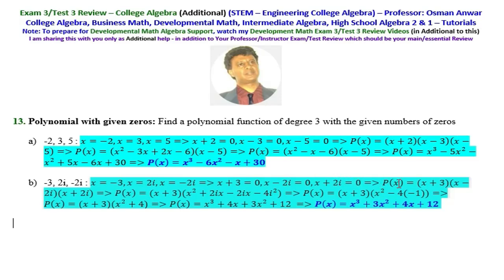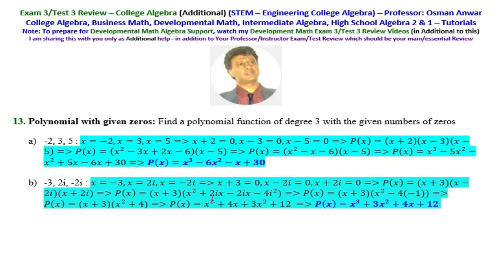That means the polynomial is p of x equals x plus 3 times x minus 2i times x plus 2i. Now do first the complex conjugates. That is p of x equals x plus 3 times x squared plus 2ix minus 2ix minus 4i squared.